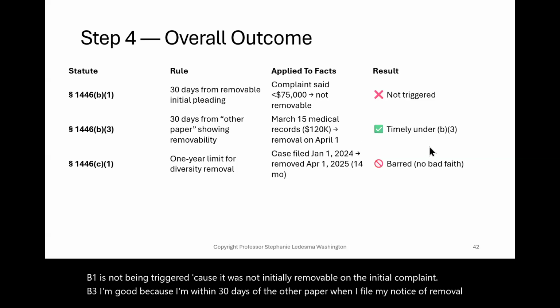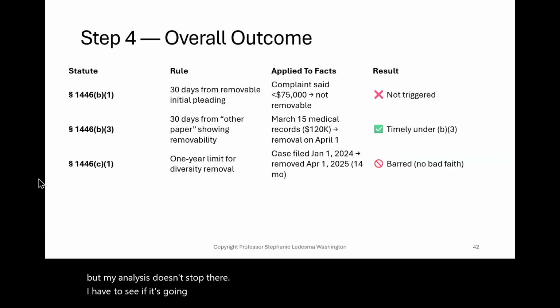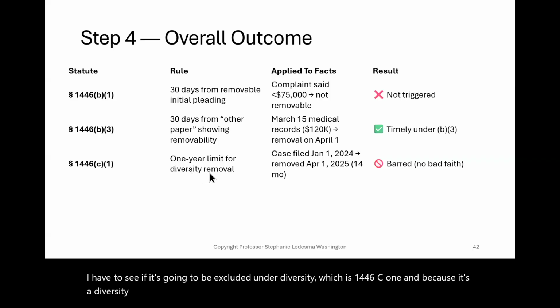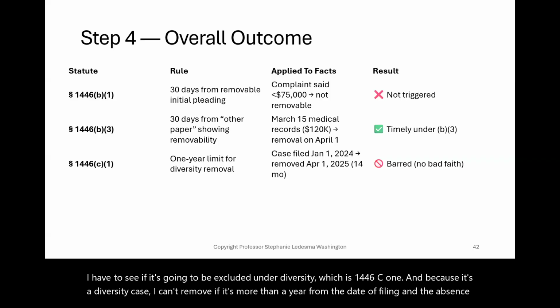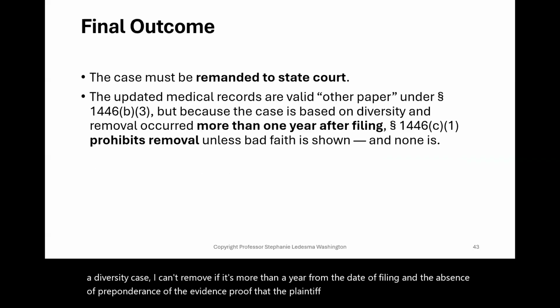But my analysis doesn't stop there. I have to see if it's going to be excluded under diversity, which is 1446(c)(1). And because it's a diversity case, I can't remove if it's more than a year from the date of filing in the absence of preponderance of the evidence proof that the plaintiff acted in bad faith.